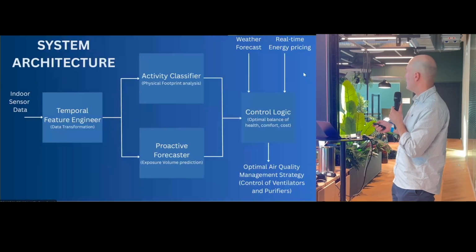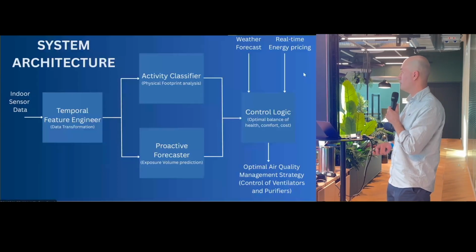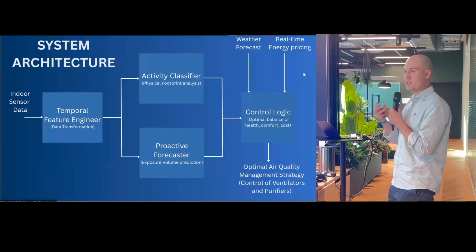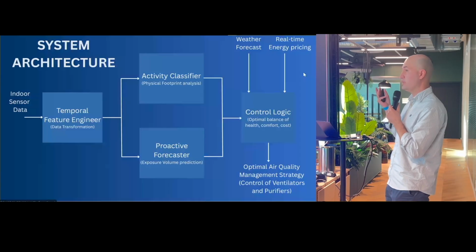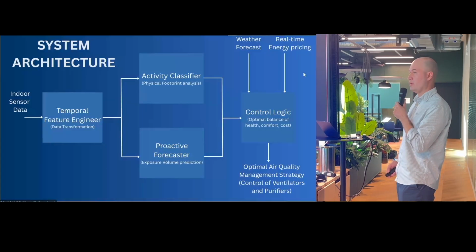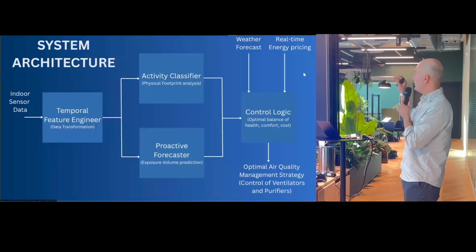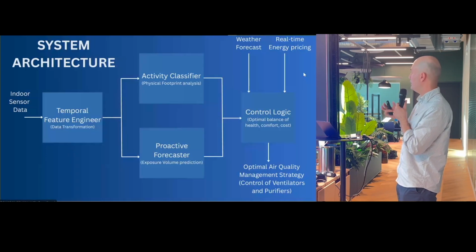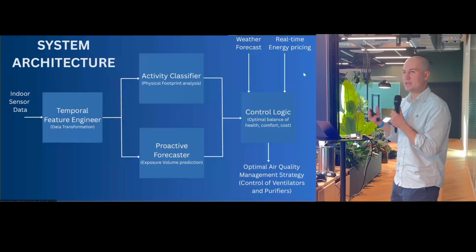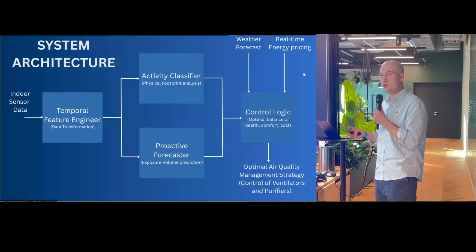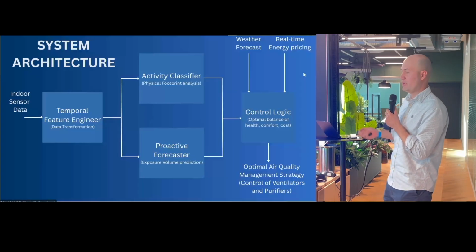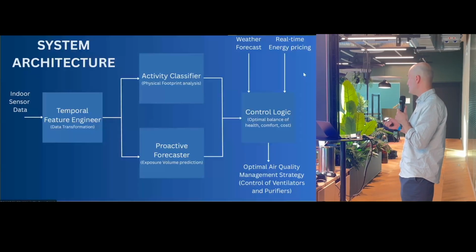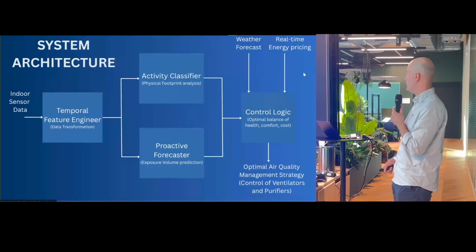The temporal feature engineer is the block that takes the incoming data from sensors and transforms it so that it can be used by our activity classifier and also the proactive forecaster. The activity classifier will determine what activity is going on inside the house based on physical footprints of those events, essentially based on quantities coming from the feature engineer.